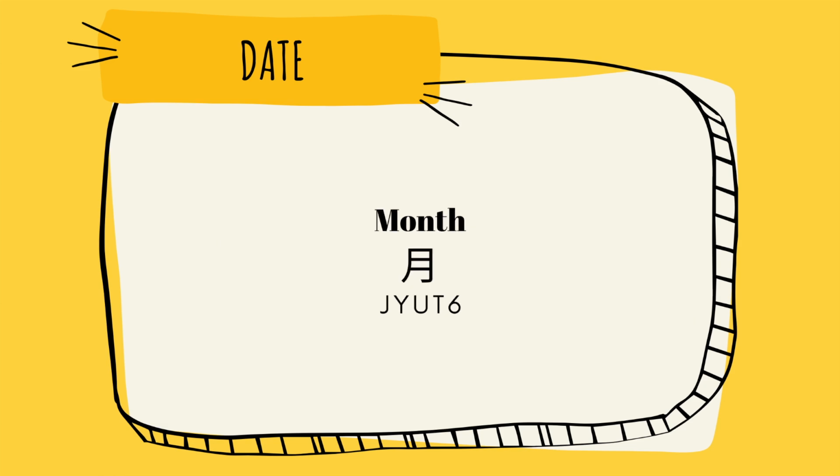Next, naming month is also easy. The 12 months are referred to by the ordinal numbers, followed by the word 月, which is month. January, 1月. February, 2月. March, 3月.